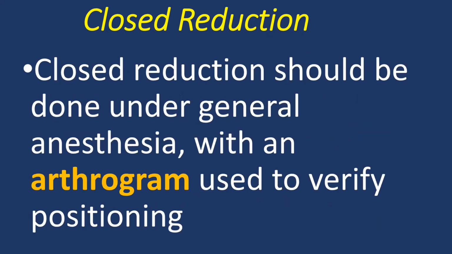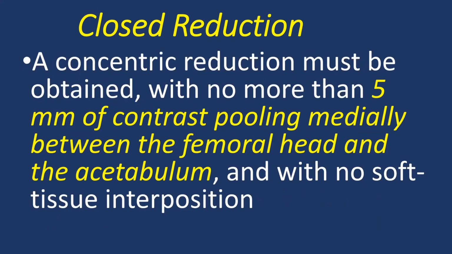Closed reduction should be done under general anesthesia with an arthrogram used to verify the position. A concentric reduction must be obtained with no more than 5 millimeters of contrast pooling medially between the femoral head and the acetabulum, and with no soft tissue interposition.